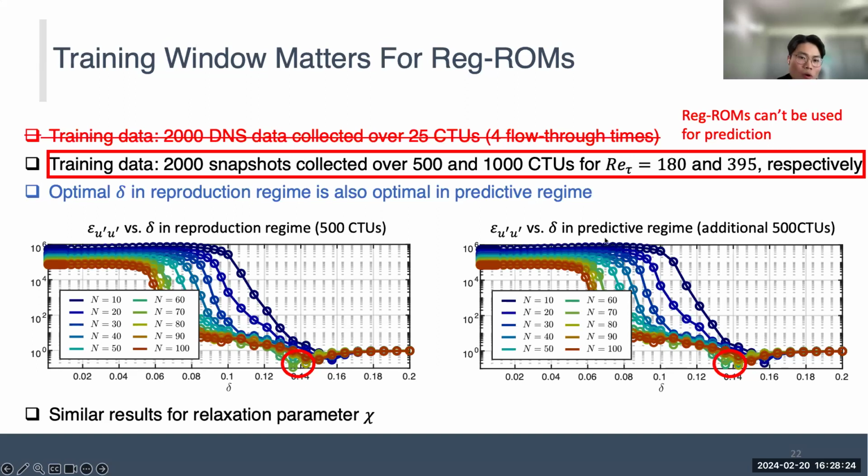We also did this for the predictive regime, and you see the optimal filter radius is at about the same location, 0.14. And we have similar results for the relaxation parameters.